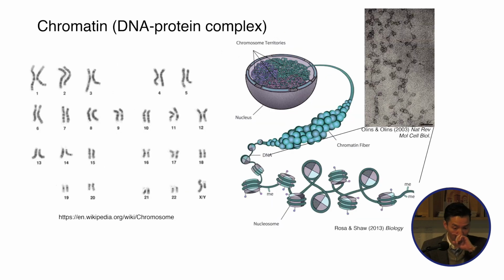To understand the mechanism of why we find those non-coding SNPs, we need to know the existence of chromatin, which is a DNA-protein complex. You might be familiar with the picture of a chromosome like this, but in reality, this image only happens when cells are dividing.